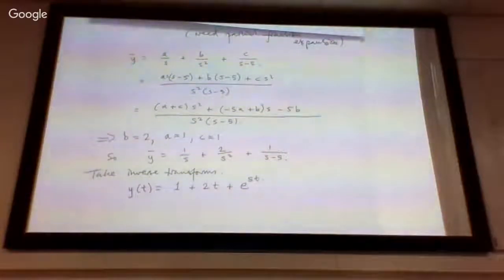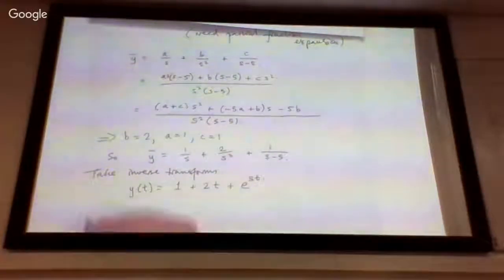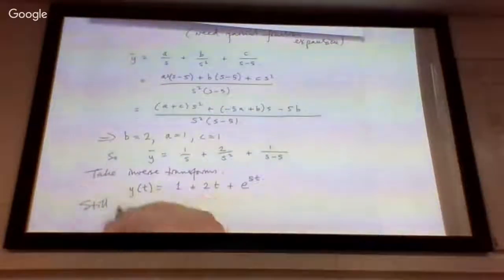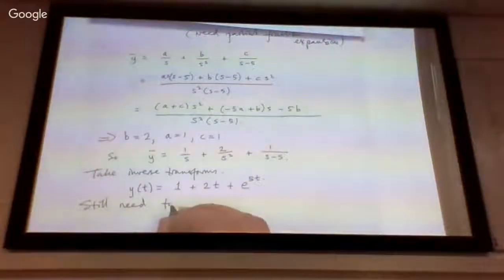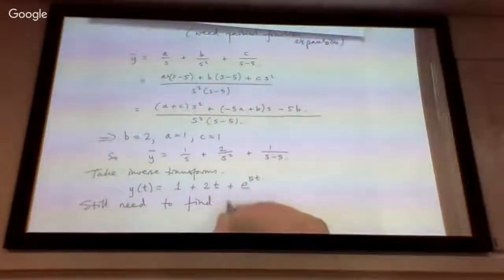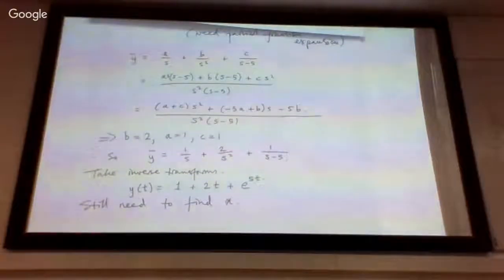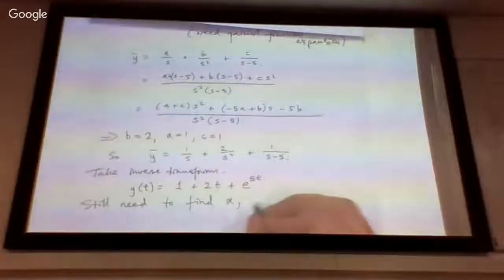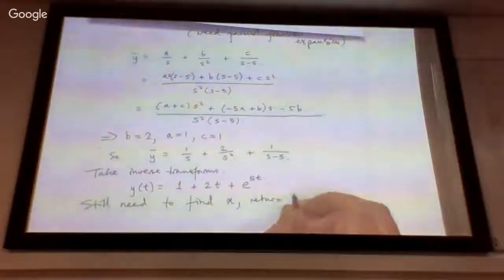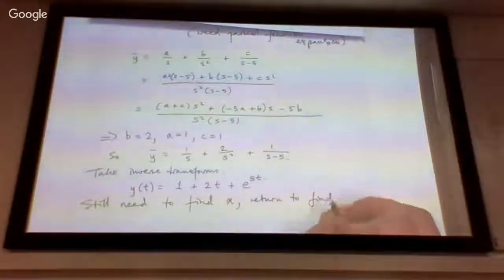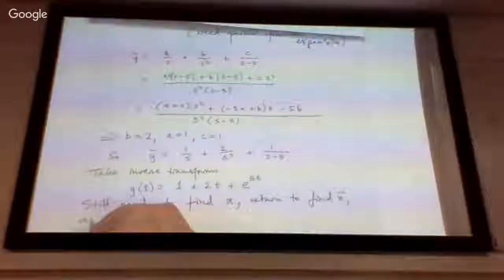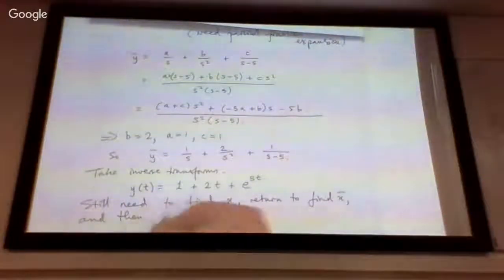Of course, it's only half of the solution to the original problem. The original problem featured x as well. So we still need to find x. In principle, we need to return to find x bar and then x.